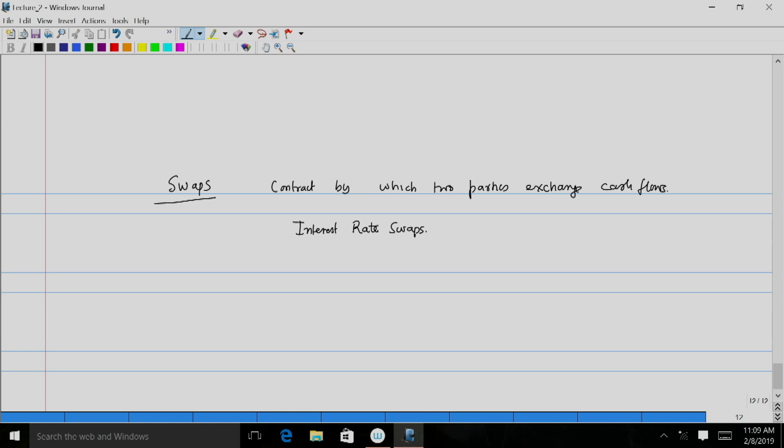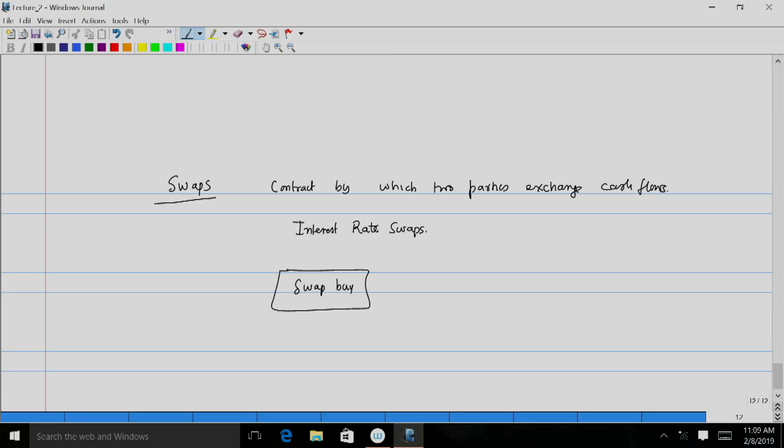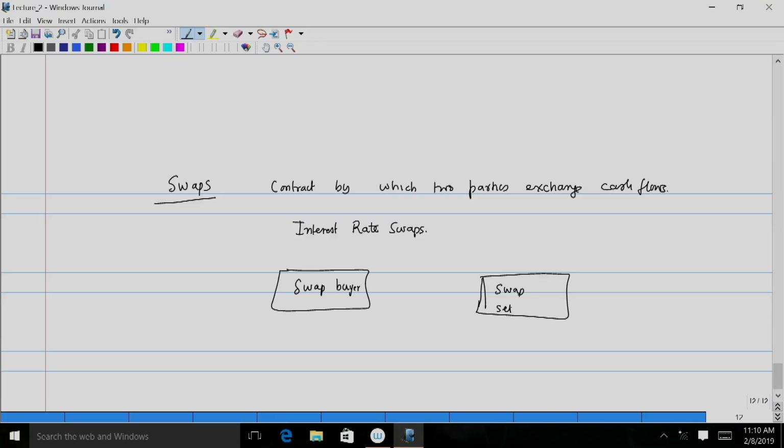Graphically, that means that I, who am taking the housing loan and want to pay only the fixed interest, am what is known as a swap buyer, and the party which agrees to take the responsibility of the variable or floating interest rate in exchange for the fixed rate that I give them is what is known as the swap seller.